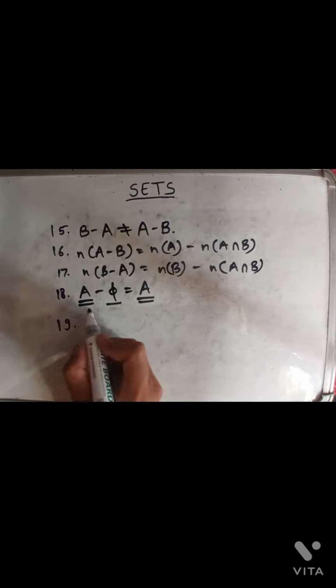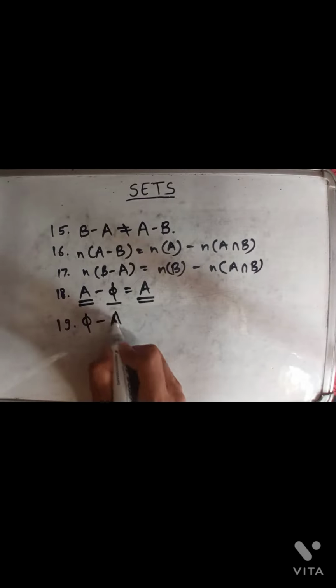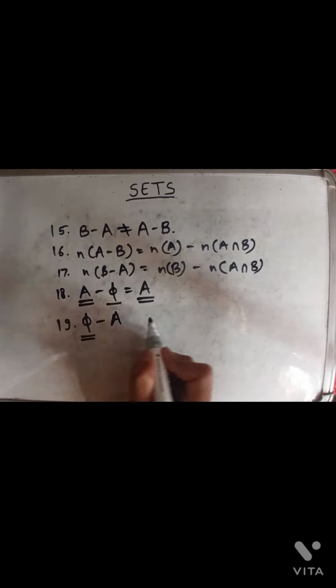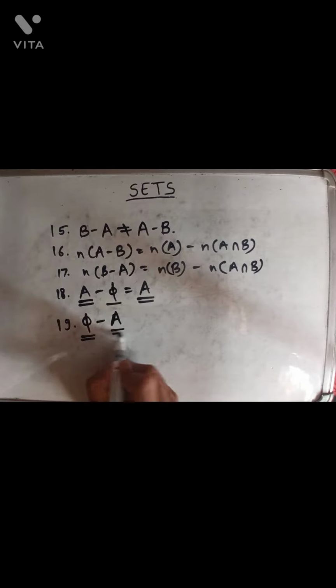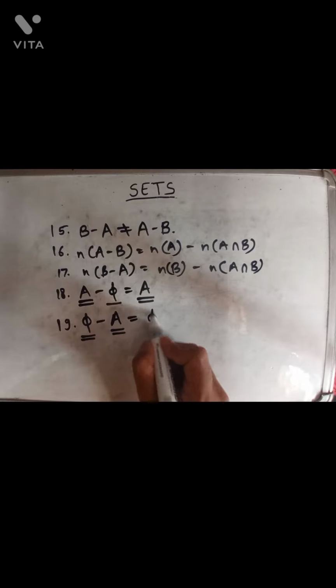The 19th thing is phi minus A: from a null set we are removing A, so it will again be a null set.